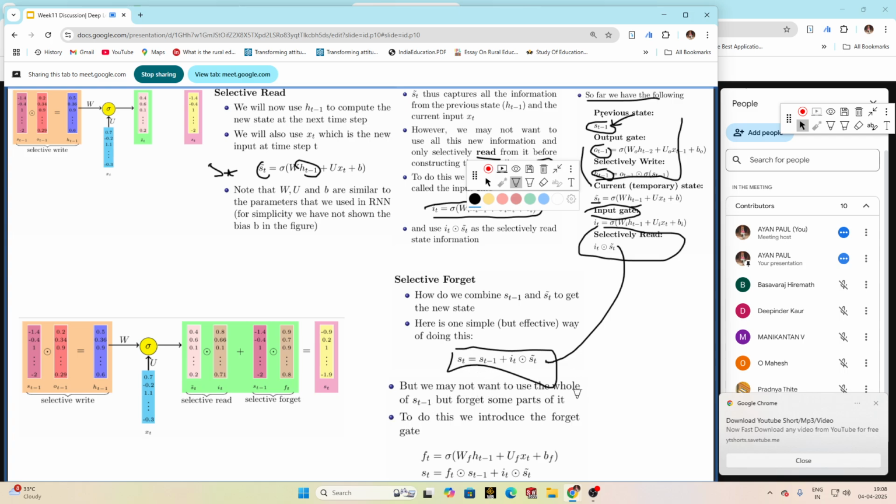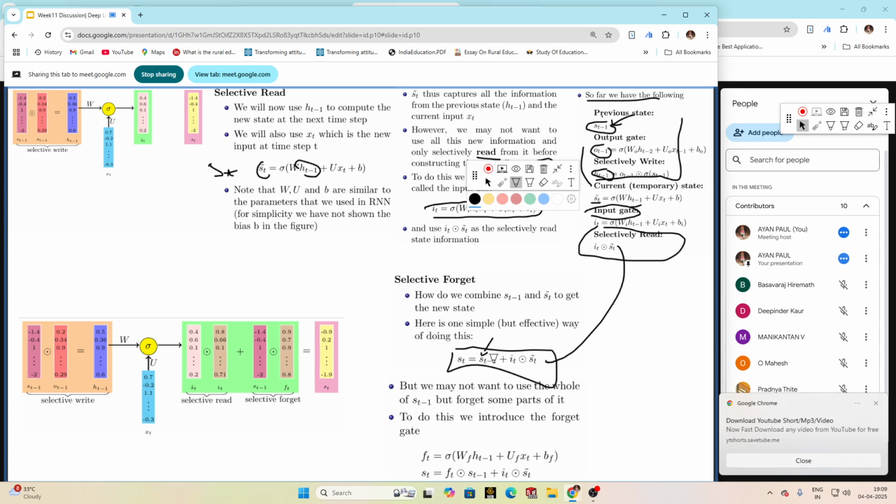But we may not want to use the whole of s_{t-1}, and should forget some parts. Because if we just use all of s_{t-1}, there is no logic in having the selective write and read gates, since we are again using the whole big s_{t-1}. The best thing is to forget something.